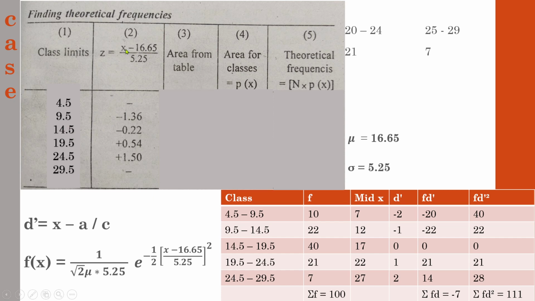So 14.5 minus 16.65 divided by 5.25, you will get minus 0.41.